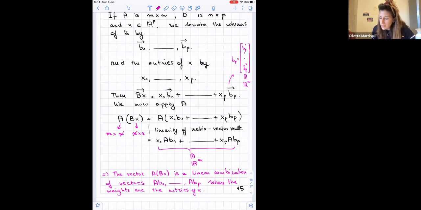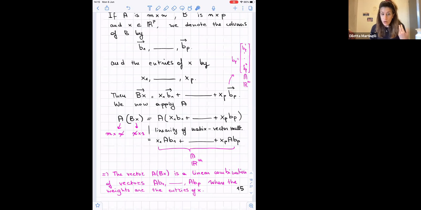But what does it mean? It means exactly that the matrix that we are looking for has as columns AB1, ..., ABp. We said that when we apply a matrix to a vector, we get a linear combination of the columns of the matrix where the weights are the entries of x.